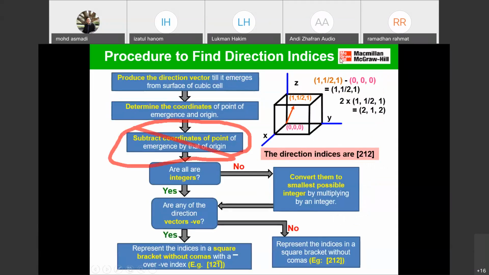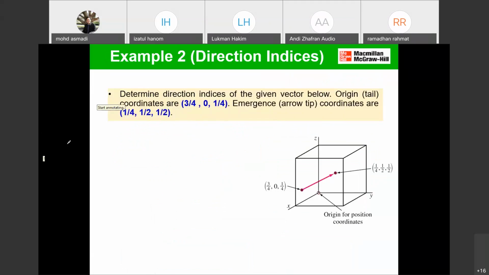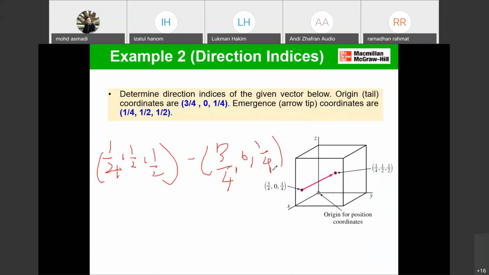Once we subtract, for example, this is the emergence: 1/4, 1/2 and 1/2, minus 3/4, 0, 1/4.